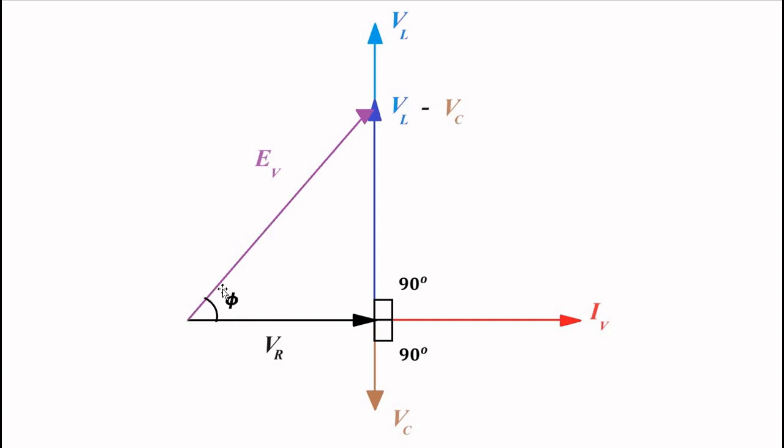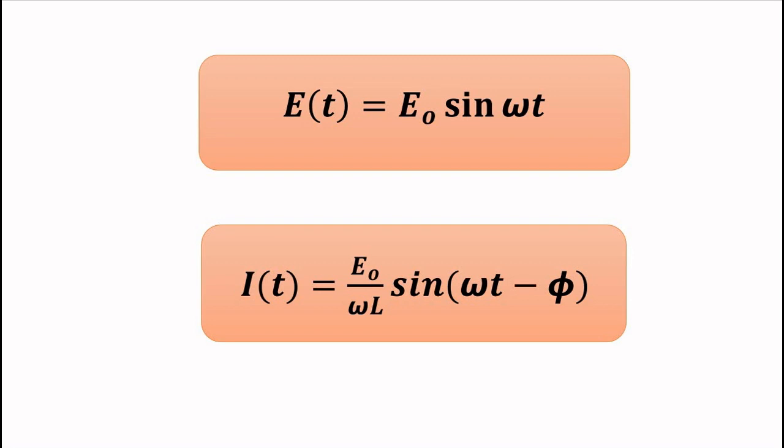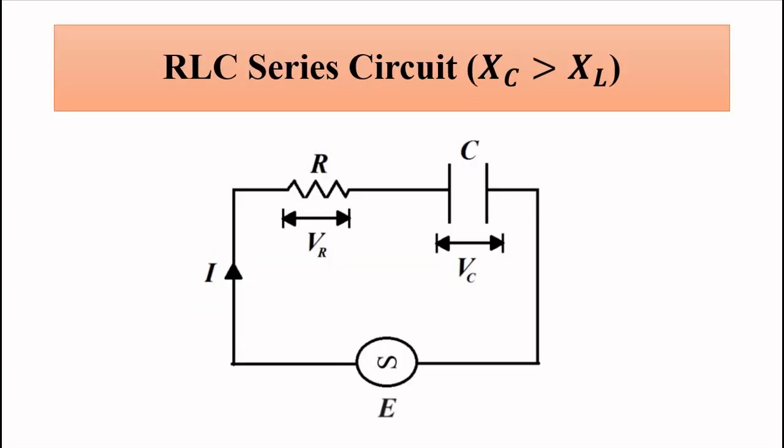And again you can see here the phase angle between the applied EMF and the current is positive, and this net EMF leads the current by an angle phi, which is somewhere in between 0 and 90 degree, which is the behavior of an inductive circuit. Then we have a RLC circuit where XC is greater than XL.